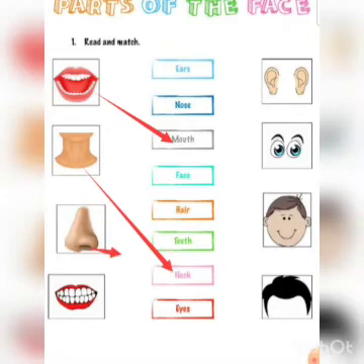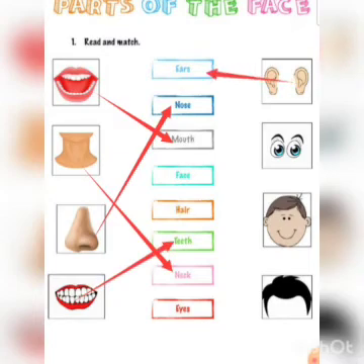With the help of neck you can move your head. This one is nose. This one is nose, right? These are teeth. See here, these are ears. And what are these? These are eyes.